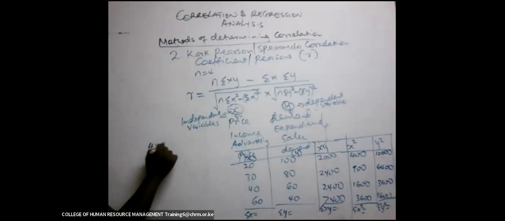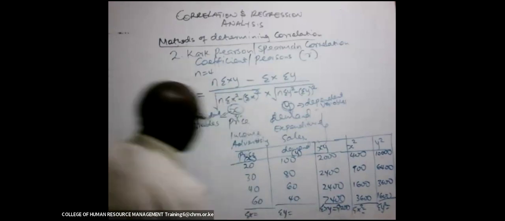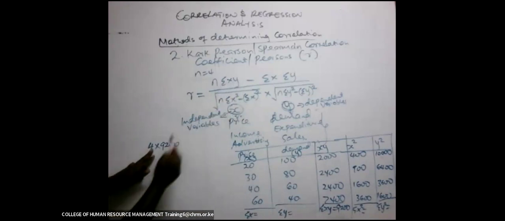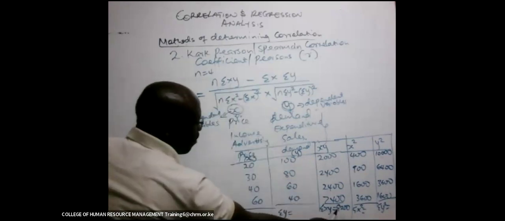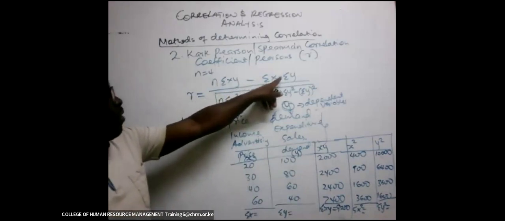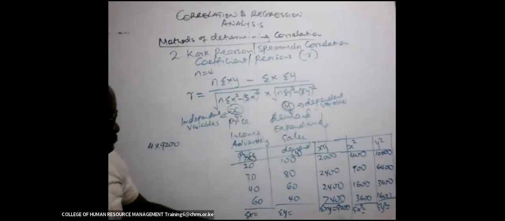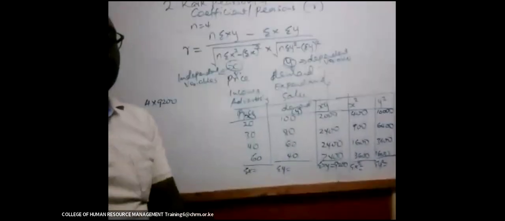This is, for example, 9,200. The sum here is 9,200. Just for illustration, N times the summation of XY is N times the summation of XY, where the summation of XY is 9,200 and our N is 4, the pairs. Then you come here to the summation of X times the summation of Y. You take the sum of X and multiply by the sum of Y to get that.